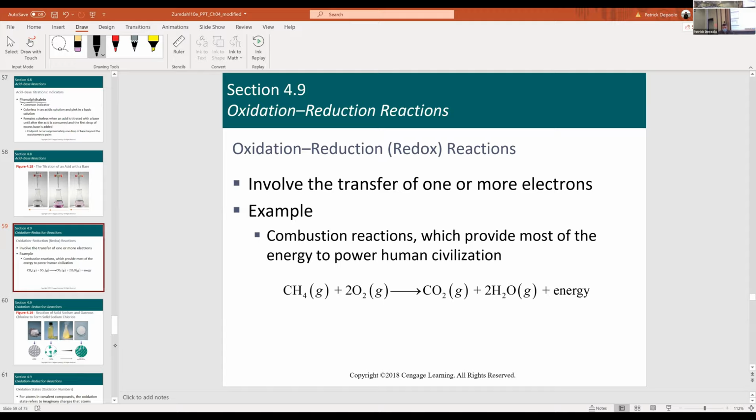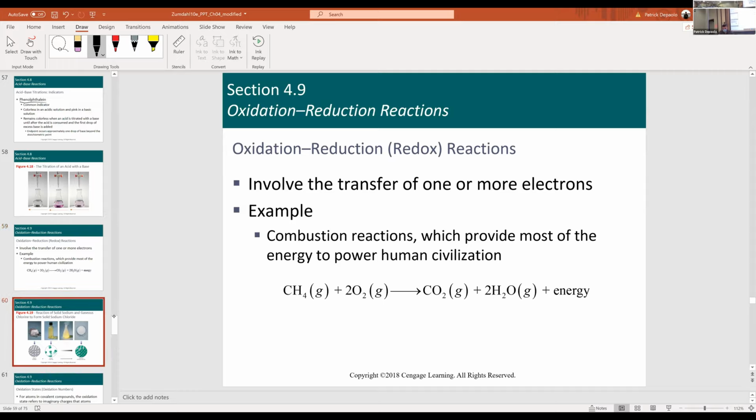Combustion is one, and that's the most common oxidation reduction. Rusting and tarnishing are also examples of chemical changes that involve a transfer of electrons, which are redox. So combustion is the most common.